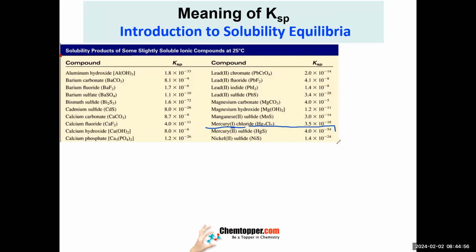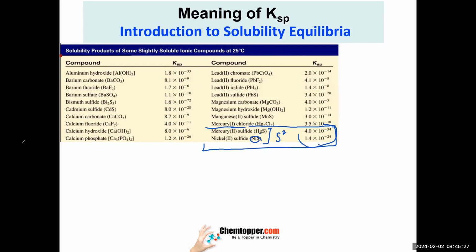Which one is more soluble? First think about the Ksp expression. Is it same or different? It is same, S squared. So don't calculate S, just compare Ksp. HgS or NiS? NiS is more soluble because this value is high.